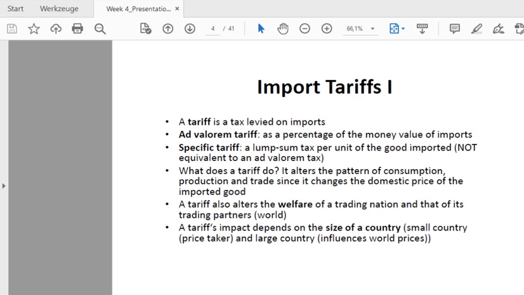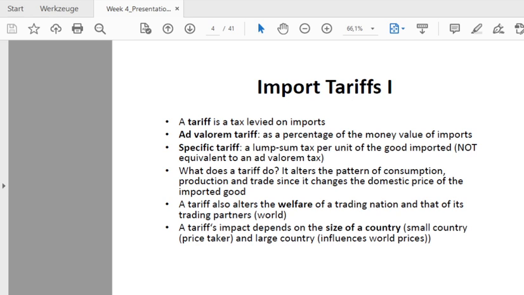Well, it alters the pattern of consumption, the pattern of production, and the pattern of trade. Why? What it does directly is it changes the domestic price of the imported good. Yes, this imported good becomes dearer, becomes more expensive because of the tariff, which is, of course, not very good for those who want to buy that good.